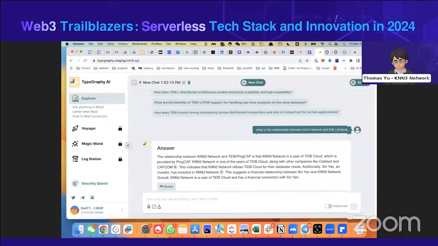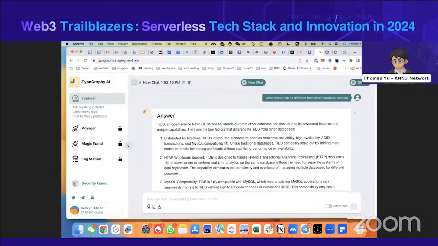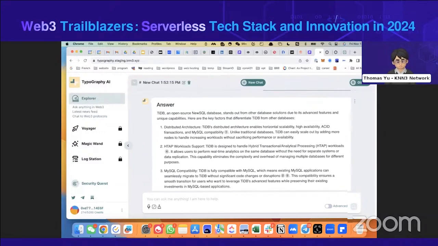So I asked, what is the relationship between KN3 Network and TiDB? And then you get the answer. You can also ask, what's so different between TiDB and other database solutions? Basically it tells me, first, it's a distributed architecture, which is a very standardized solution for cloud-based data services.